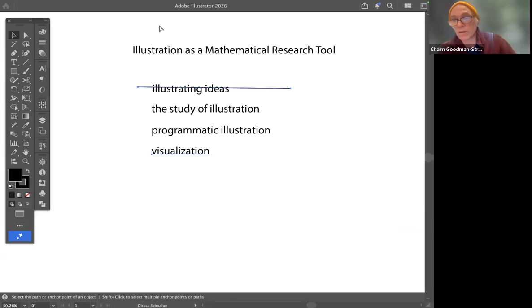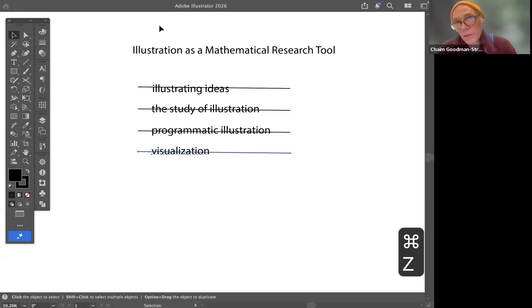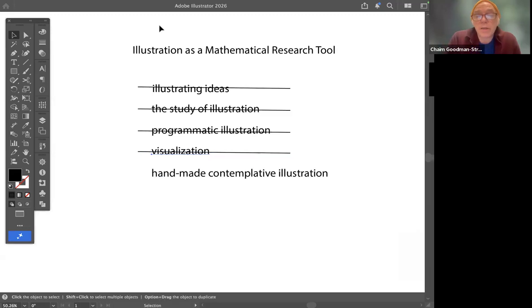I do this all the time myself, of course. And I really don't mean looking at illustration as a discipline. And I really want to focus not on using computer programming as a tool, although that's central to my work in many respects. And I don't mean just simply using visualization within one's mind or even on paper necessarily as the tool. What I really mean and what I'd like to discuss today is this. It's handmade contemplative illustration.